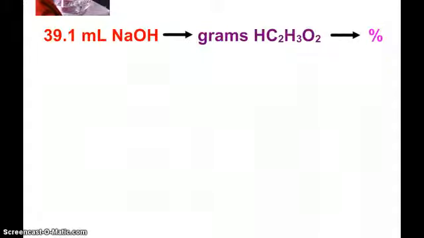And just for simplicity's sake, since molarity is moles per liter, I'm just going to change that to liters right away, and we're going to start with 0.0391 liters of sodium hydroxide.